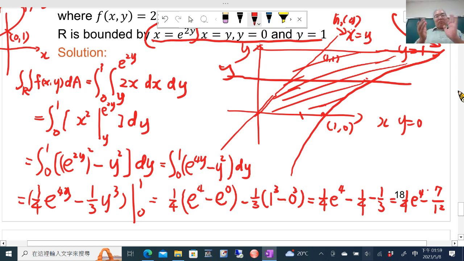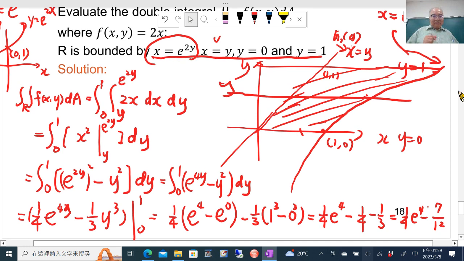If you really want to use dy dx in the order, then your region probably has to be cut into 2 small subregions, and each time you are using dy dx with different integration limits. Okay, for this particular one. Any questions?